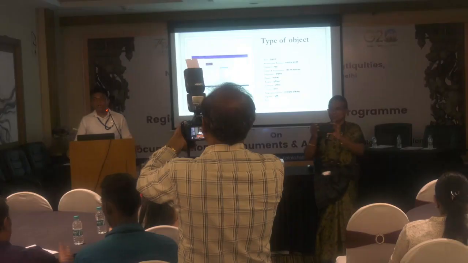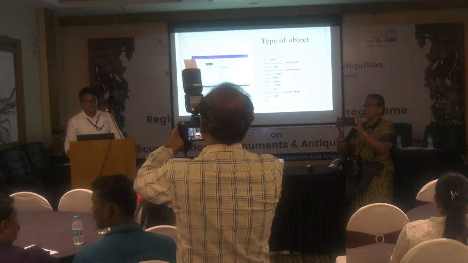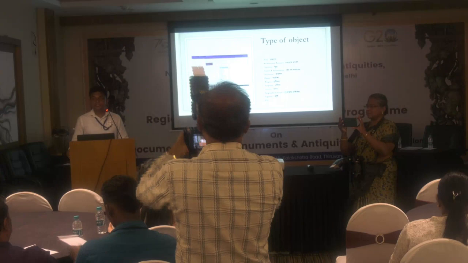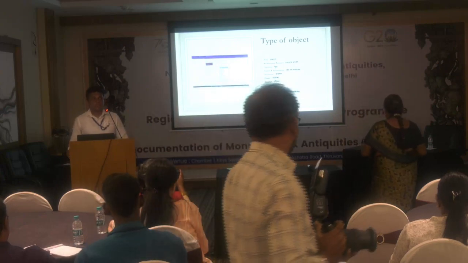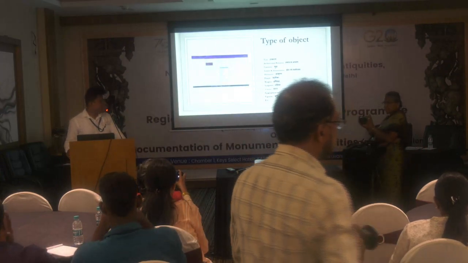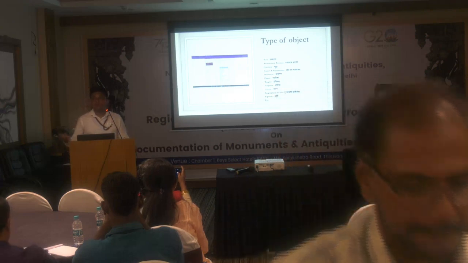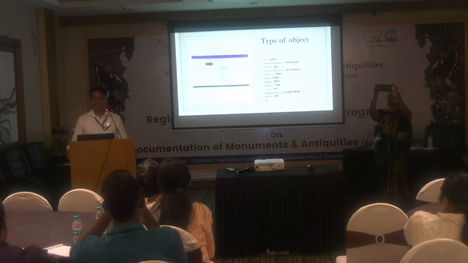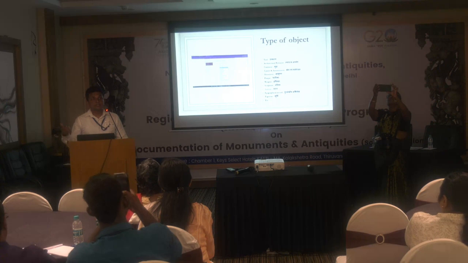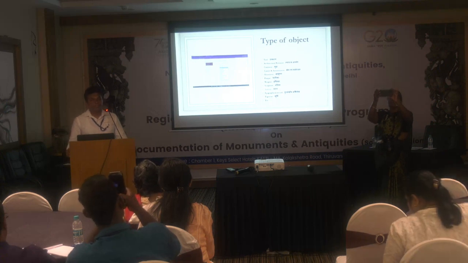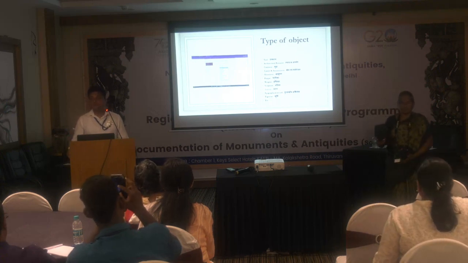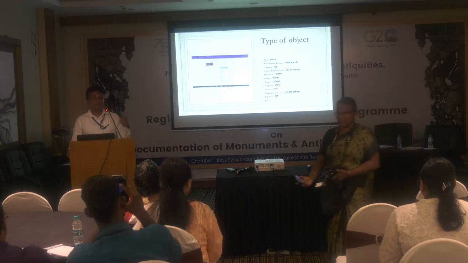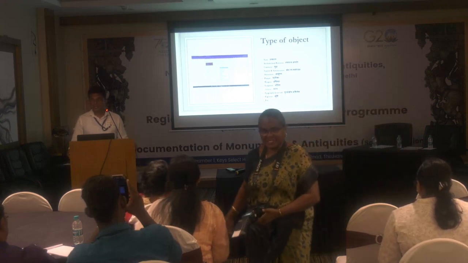So the third parameter is the type of object, which depends on the object. If we are documenting a bead, the type will be ornament. If we are documenting any stone tools, the type will be tool. It depends on which object we are documenting.